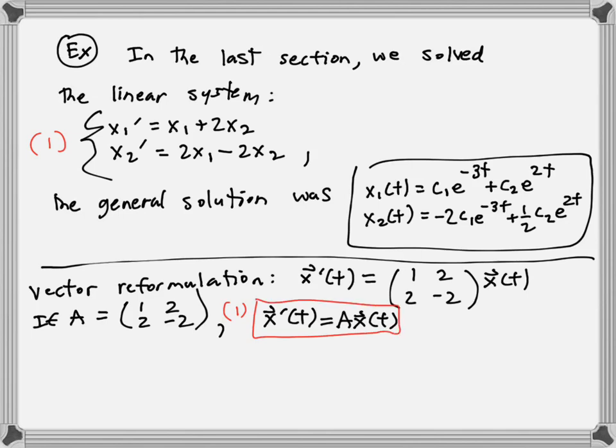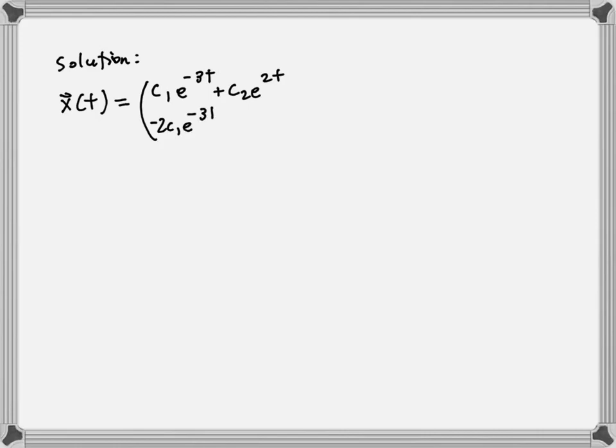Okay? So what is our solution then? How would we write this in vector form? So notice the solution. Here's what we got, right? We got x of t is equal to, I'm going to go ahead and write it as a vector, okay? Our top guy, our x1 of t, is equal to c1 e to the negative 3t plus c2 e to the 2t, and then we also had negative 2 c1 e to the negative 3t plus 1/2 c2 e to the 2t.